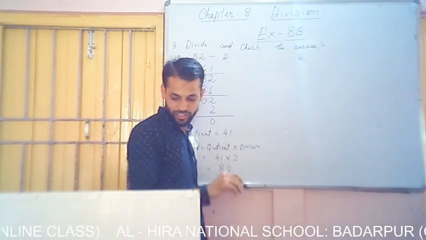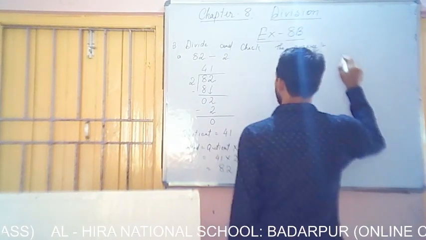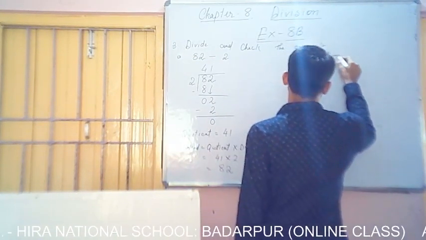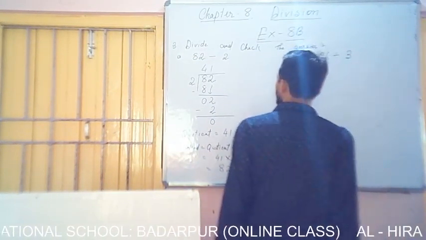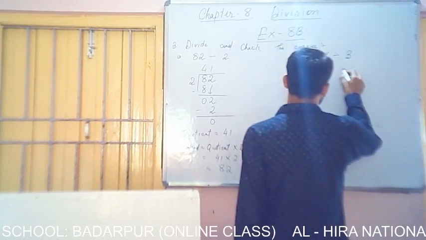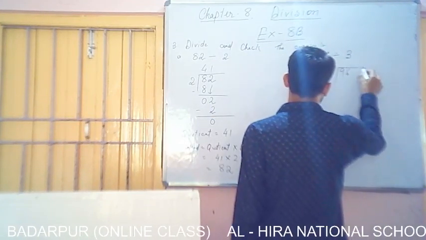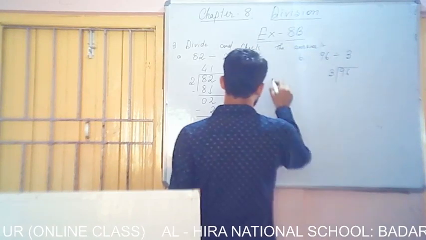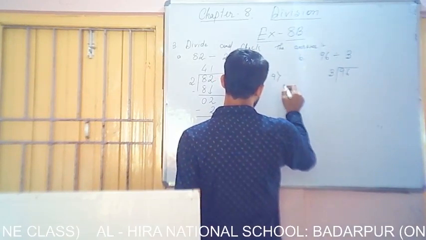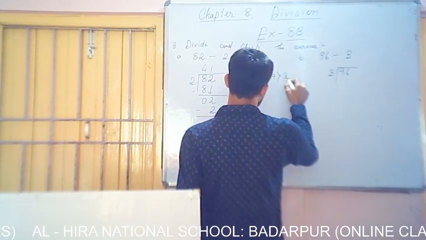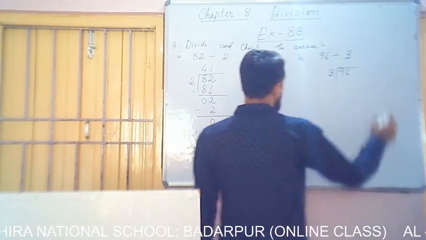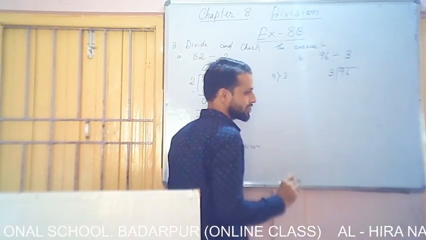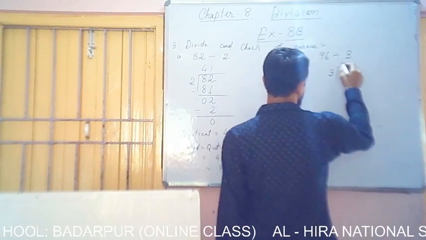So the next question is 96 divided by 3. Here you see 9 is greater than 3. That means we can divide. So we have to follow the multiplication table of 3.